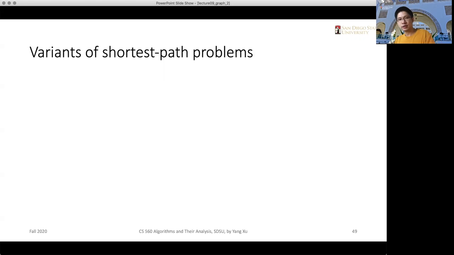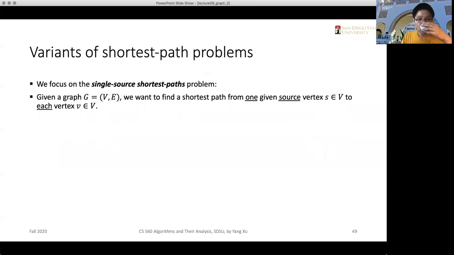All right, so let's look at several different variants of the shortest path problem. The one we are going to particularly focus on is the single source shortest path problem, which means that we want to build a shortest path from one given source vertex to each vertex. This is important: we are given one source and we want to know the shortest path from that source to each vertex in the graph.